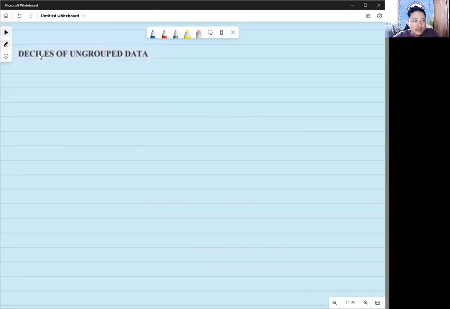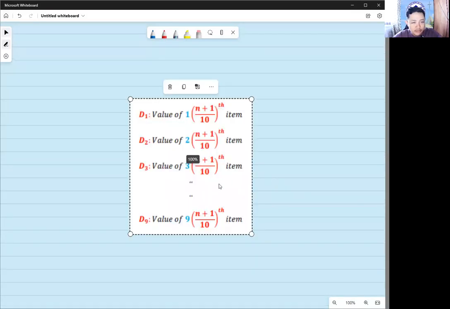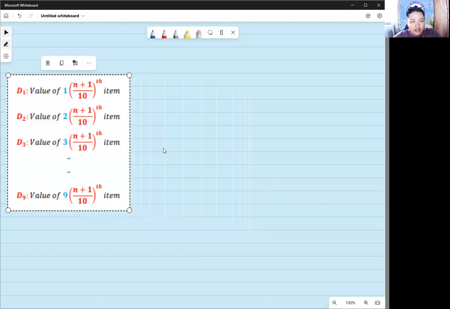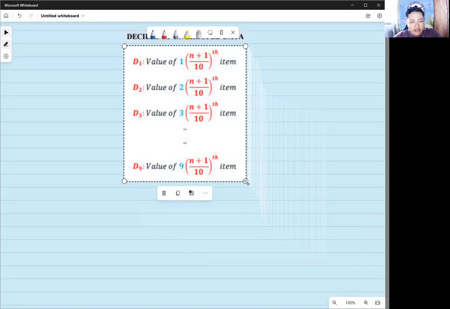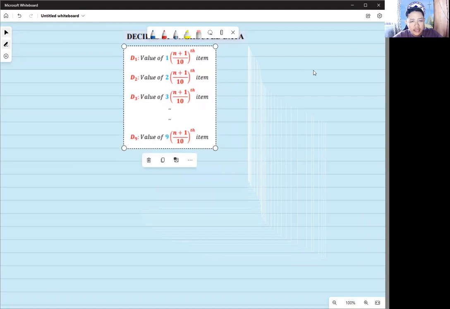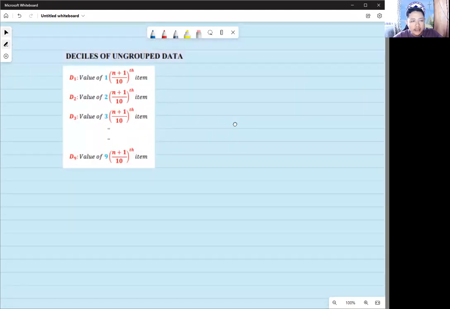Okay, so let's start with the deciles of ungrouped data. And we will just be following these formulas for us to be guided. So since according to your classmates a while ago, for the deciles, there are actually 10 deciles. So each decile has its own formula.